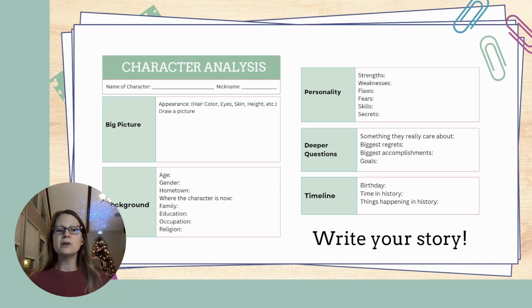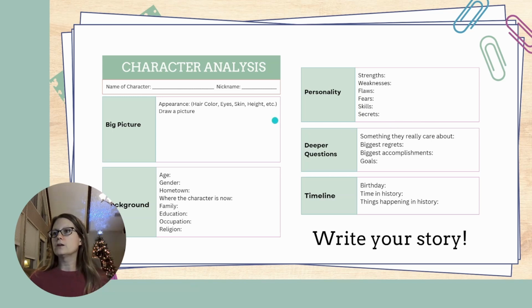You might not even put any of this in your story, but it helps you to understand who you're writing about. So when you do have the character in certain scenarios, you'll know exactly how that character would react. And it seems logical and it seems real.